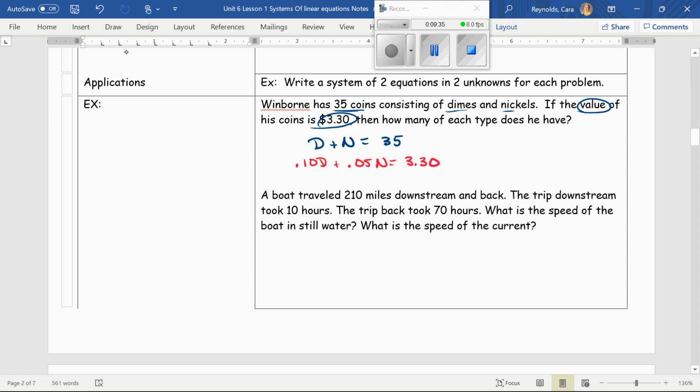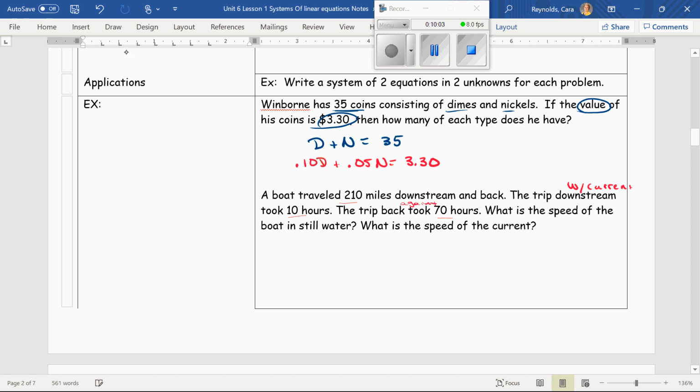The next one is a boat traveled 210 miles downstream and back. The trip downstream took 10 hours. The trip back took 70 hours. And so this has distance and time going on in here. What is the speed of the boat in still water, and what is the speed of the current? So downstream, you're with the current, and upstream, you're against it.